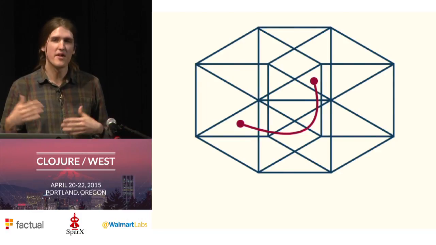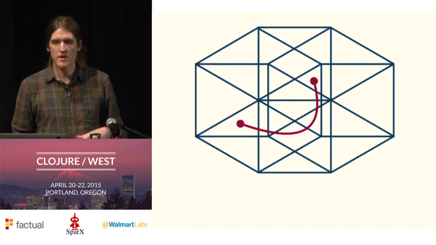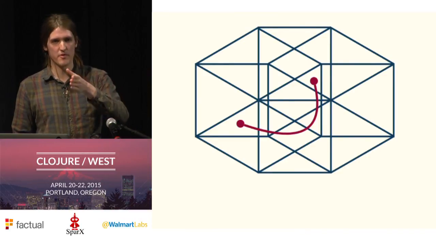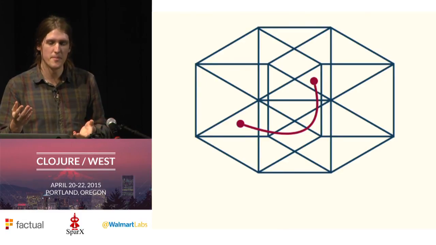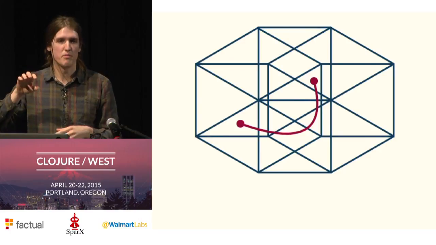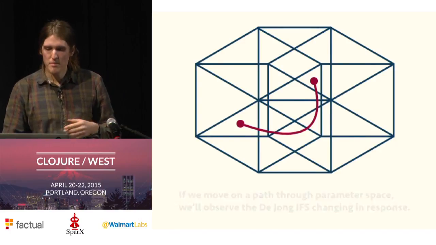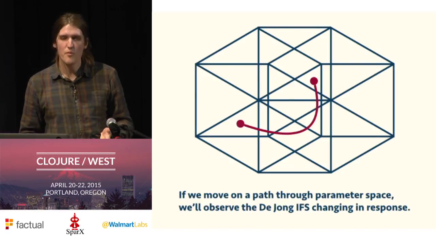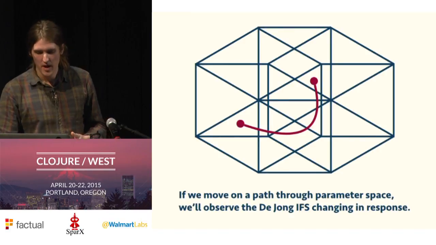We'll define a Bezier curve or something, because that is easily extendable to 4 dimensions. Then we can move along in parameter space, and at each point, which will be a frame of our animation, we'll plot out the de Jong IFS and see what happens. As we move through parameter space, hopefully we'll see the de Jong IFS changing in some way as well.